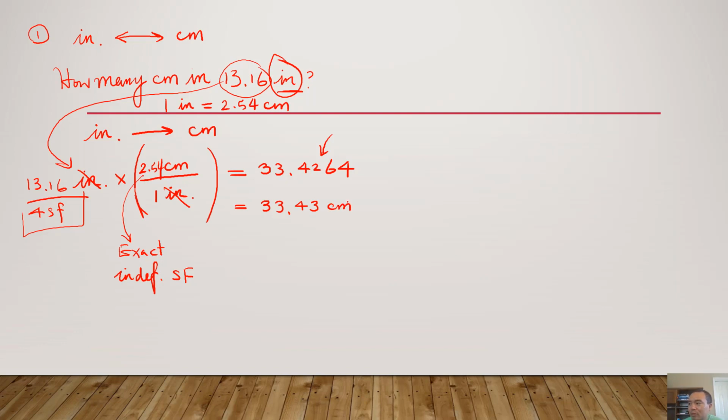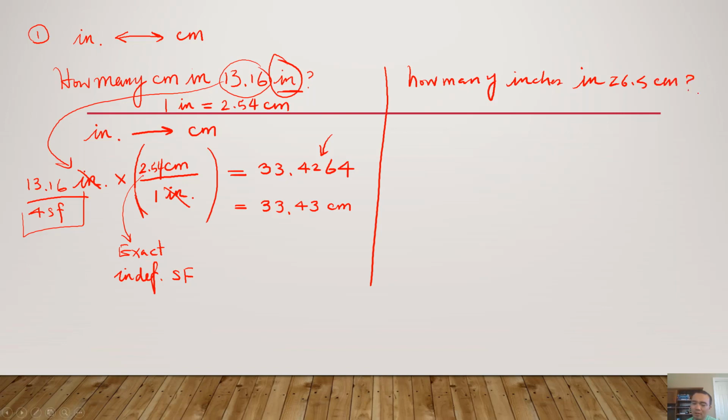Similarly, if we want to convert centimeter to inch, we just simply use this one-step procedure. Okay, let's look at that question. For example, I ask you, how many inch or inches in 26.5 centimeter?